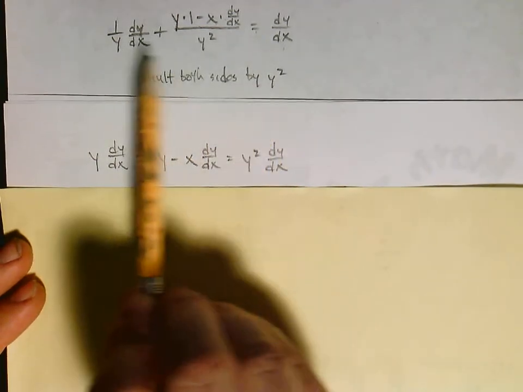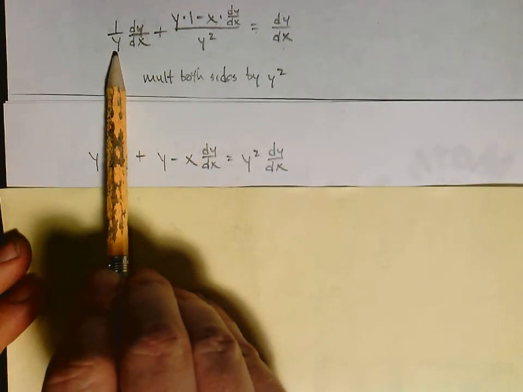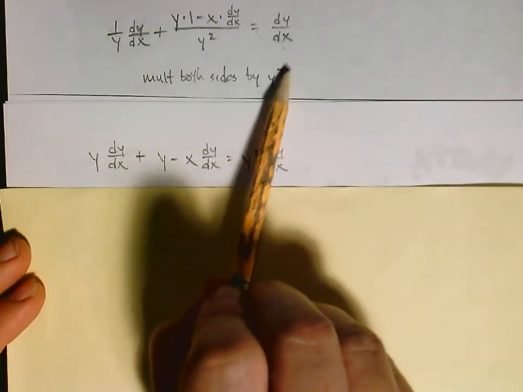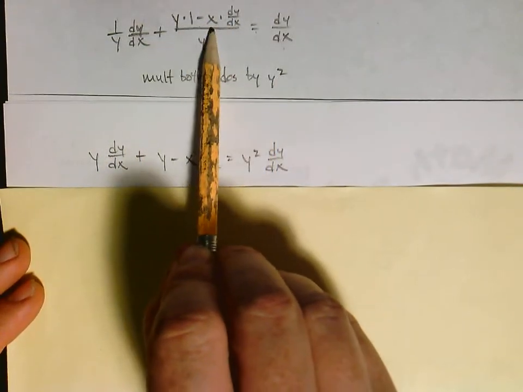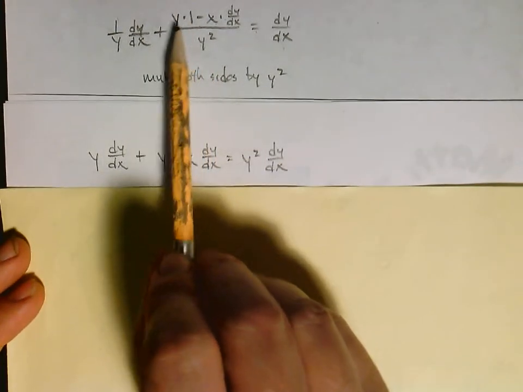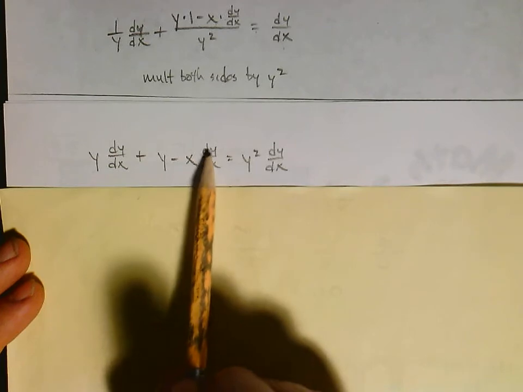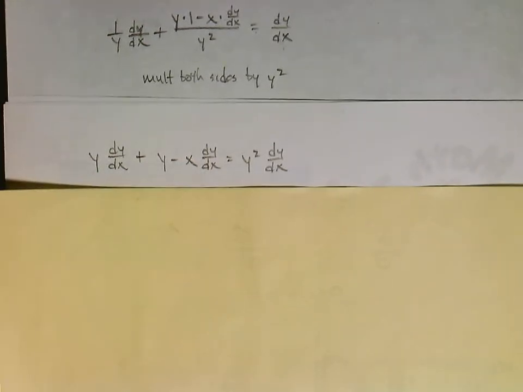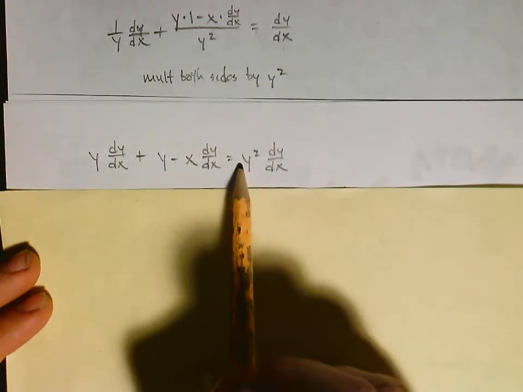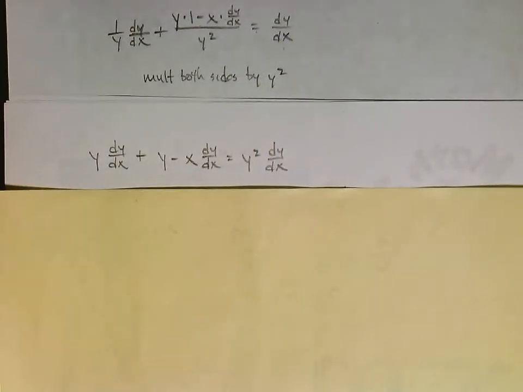When we multiply y squared by the 1 over y, we get y dy over dx. When we multiply the y squared by this middle term, it cancels with this y squared, and all we're left with is y times 1, that's y, minus x dy over dx, just the numerator. And when we multiply the y squared by the right side, that's y squared dy over dx. So just like that, our equation really cleans up a lot.